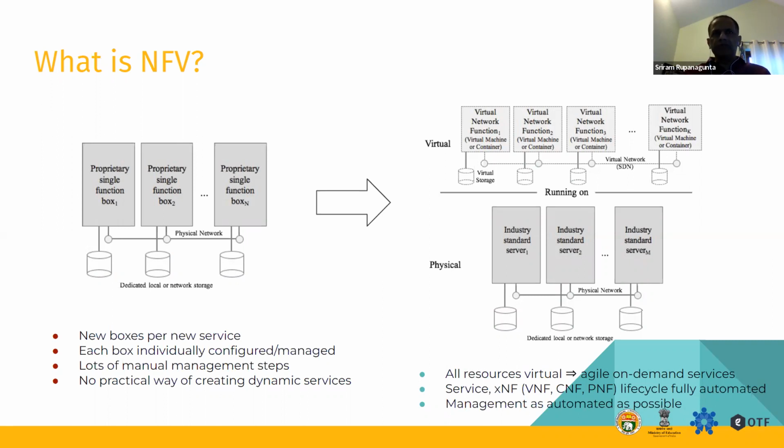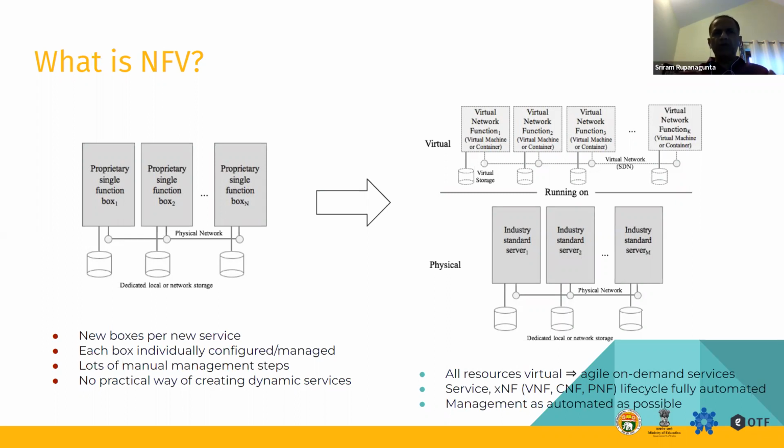So first of all, what is network function virtualization, NFV, right? So essentially, there is a transition that's been happening where people are moving away from dedicated hardware that provide fixed function services to a virtualized world. So that's the transition that you see here in the slide.